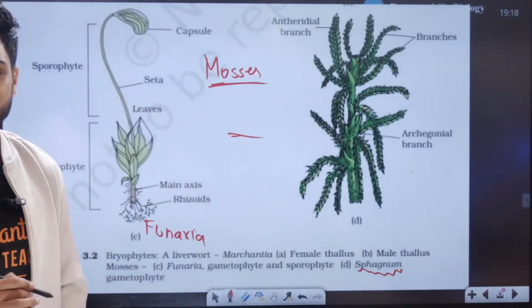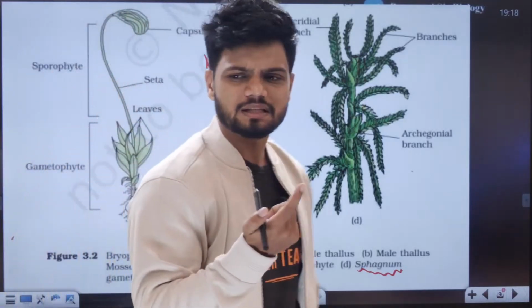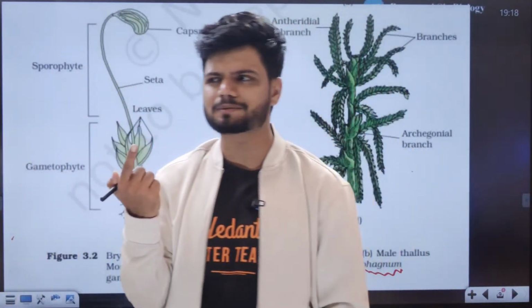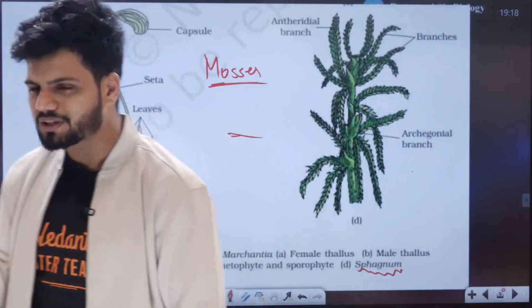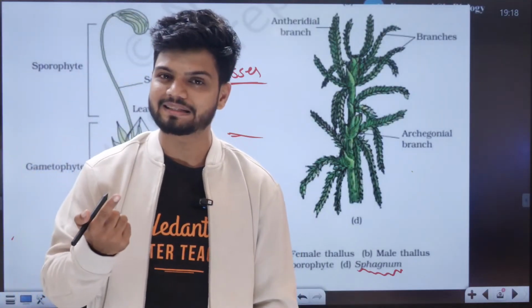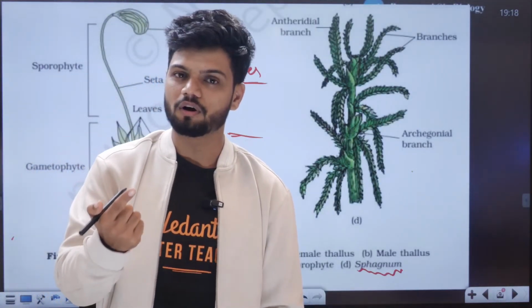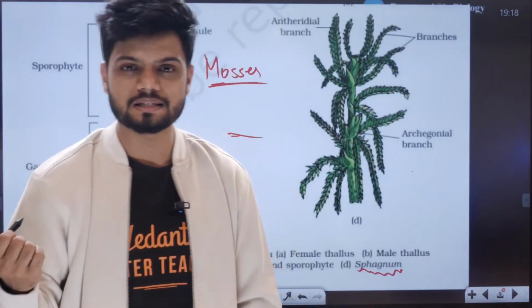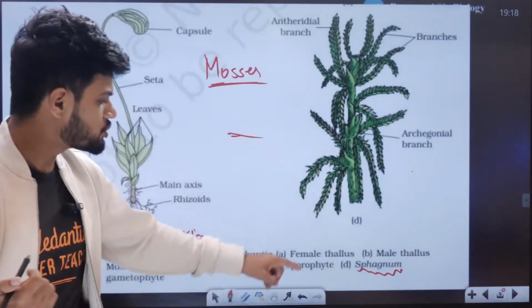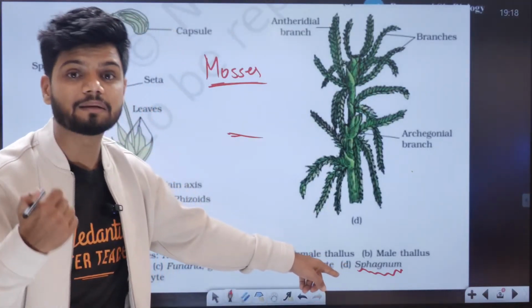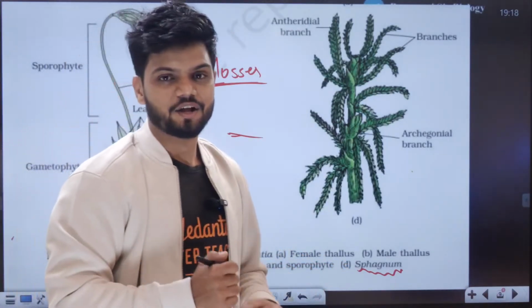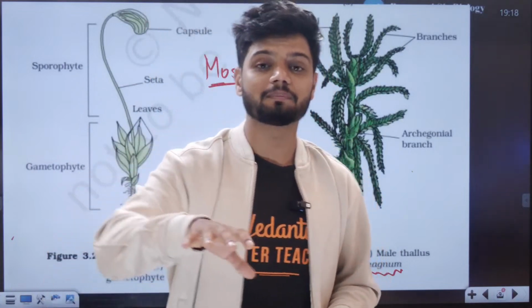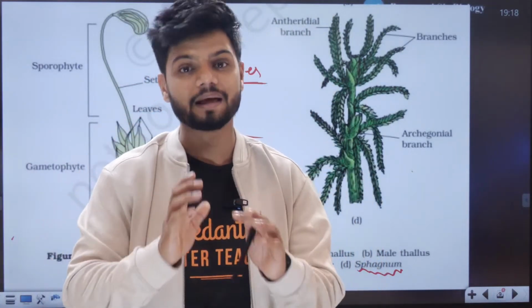Tell me in the chat quickly. Any ecological importance comes to your mind? Sphagnum, I feel something for packaging material, for bandages, for use in agriculture also, use in growing plants. Anyone? Any ecological importance of Sphagnum? Peat moss. Peat moss, exactly.